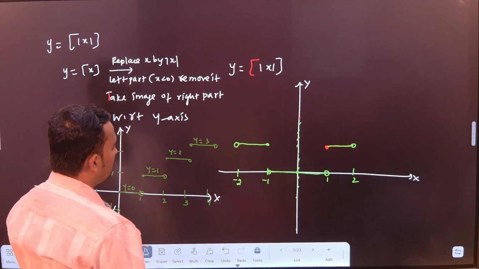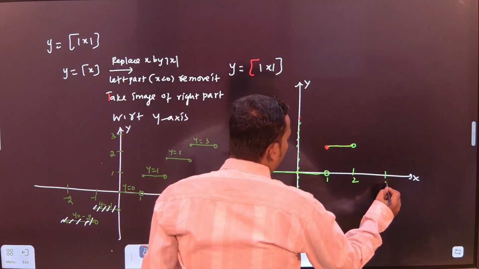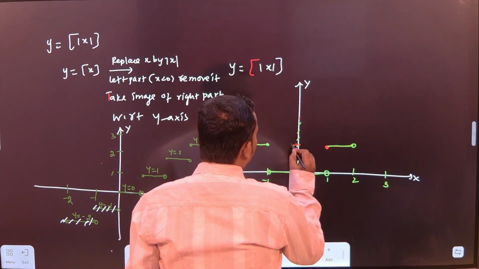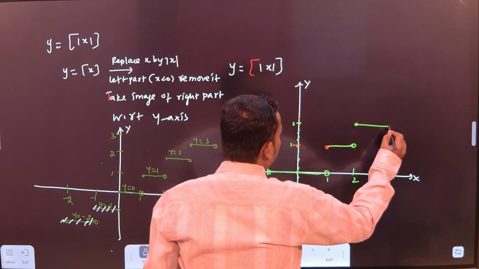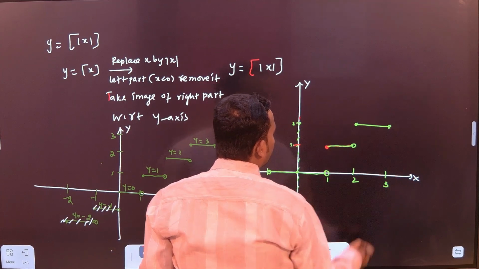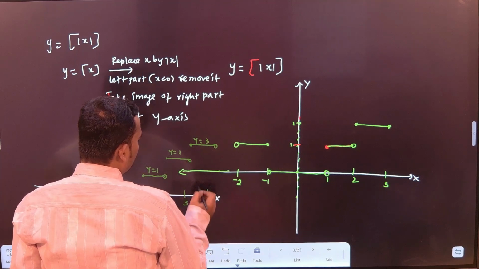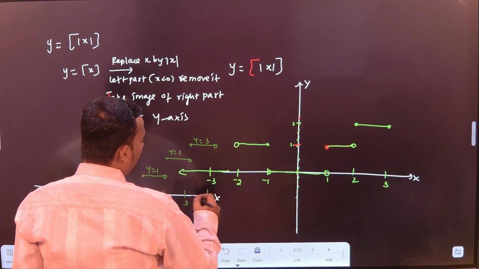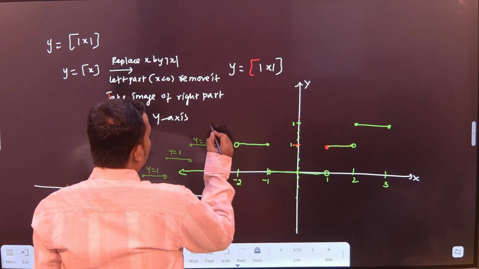Next, 2 to 3, y is equal to 2. Here is 1, this is 2 you can take. So 2 to 3 means here will be minus 3 to minus 2, right?